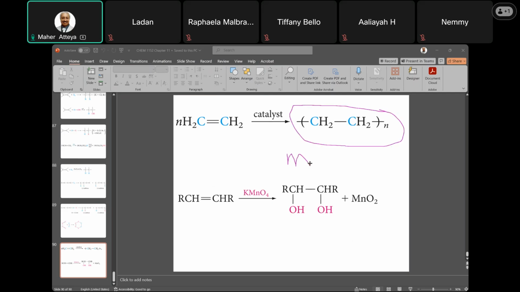Monomer means a unit that repeats itself 100 times. And the end product, with how many monomers you have, n number, 100, 200, 300, you make a polymer. So they end up having the same mer at the end. So here it is, mer and mer.